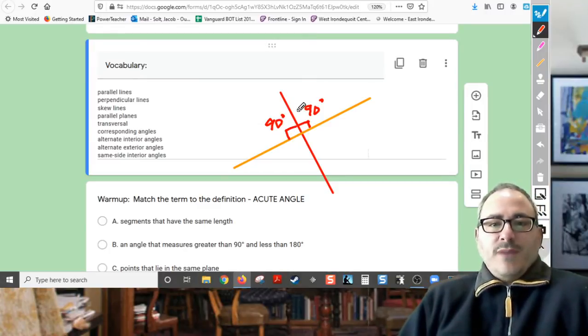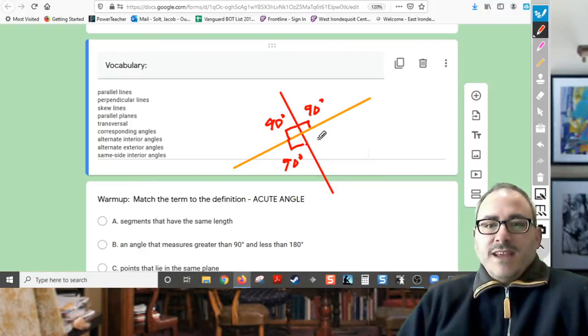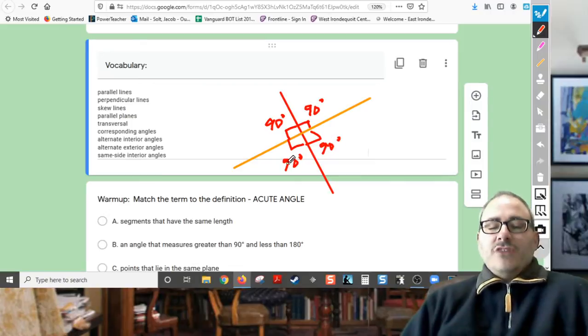And if that's true about these two angles, that they have to equal 180 degrees when added together, then these two angles have to be 180 degrees when added together, which makes this angle here 90. And wait, it happens again. If these two angles have to add up to 180 because they're on the same line, then this one would have to be 90 in order for these to be 180 together.